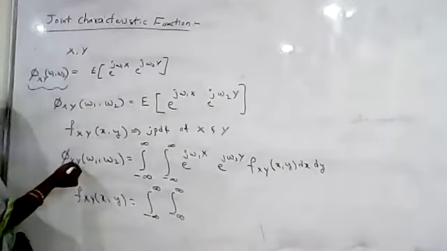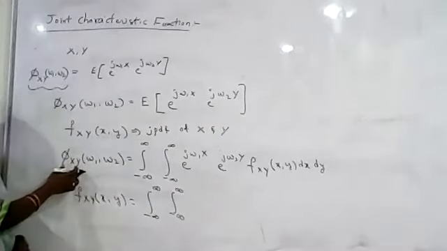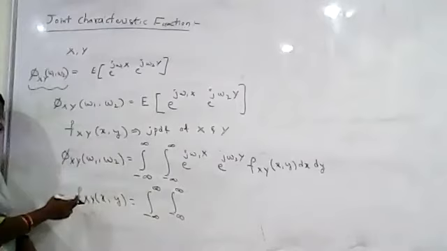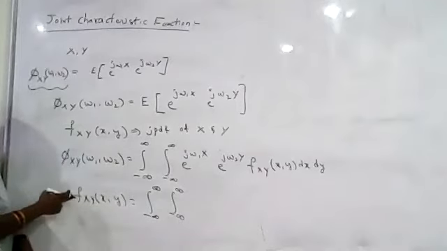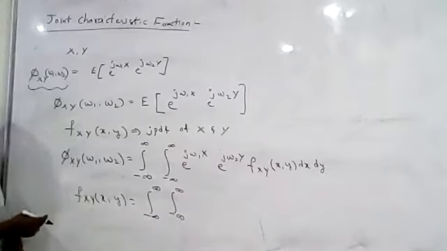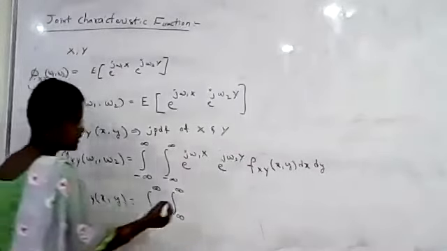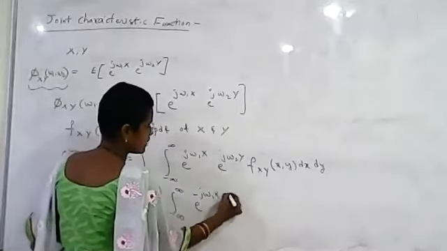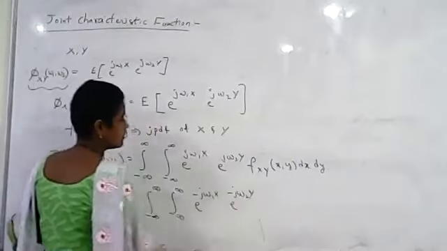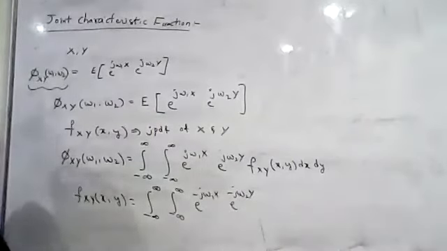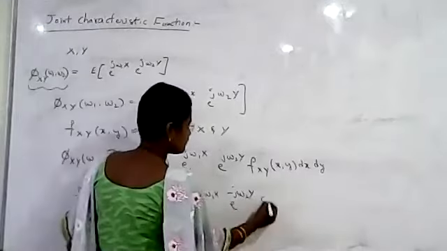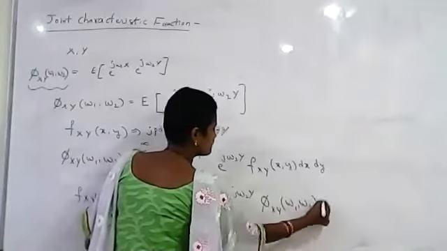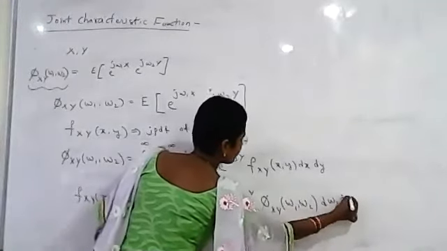What is the joint characteristic function? The joint characteristic function is the two-dimensional Fourier transform of the joint probability density function, whereas the joint probability density function is the inverse Fourier transform of the joint characteristic function. Only here the signs of omega should be reversed: e power minus j omega 1 x, e power minus j omega 2 y, phi xy of omega 1, omega 2, d omega 1, d omega 2.